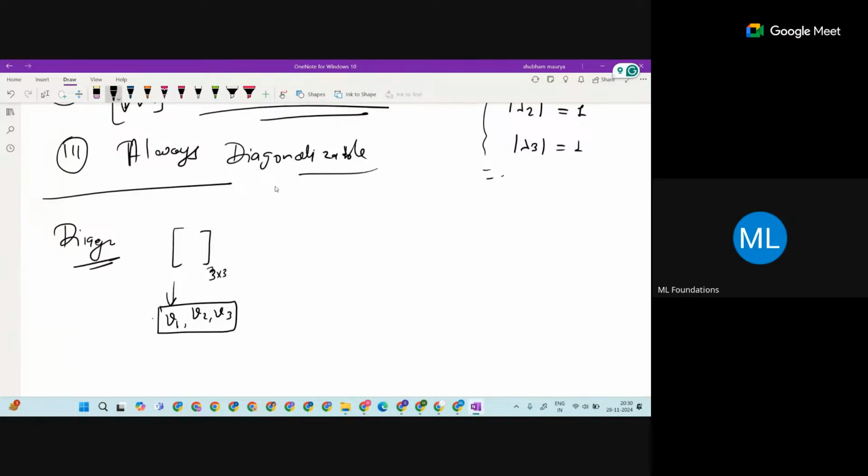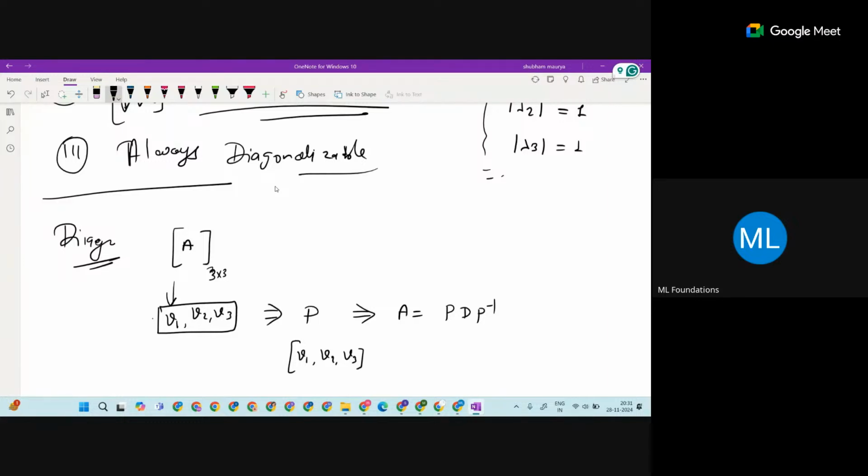If you are able to get them, then you are able to form your P matrix. Using this P matrix, suppose this matrix is A, then you can write A as P D P inverse, or maybe vice versa, you can check which one is correct. P is the matrix whose columns are V1, V2, V3.